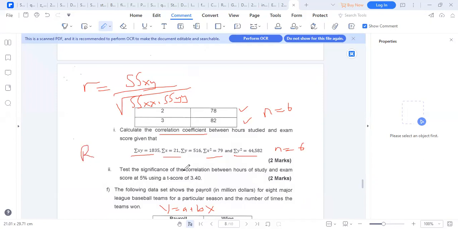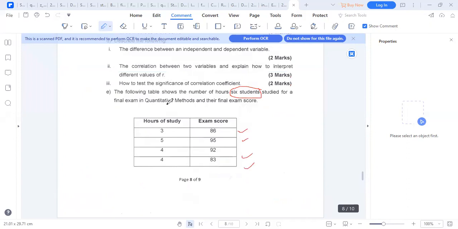Is it R adjusted or R squared? R squared is determination. Determination, yes. Okay. R is correlation coefficient, yes. All right? In fact, this question is in our Bible. 6 students studied.